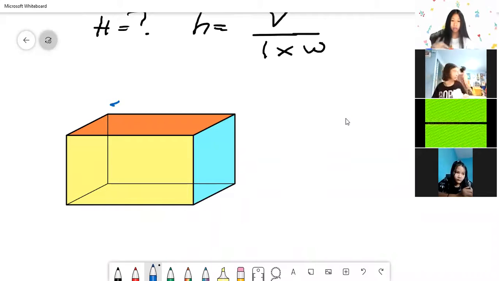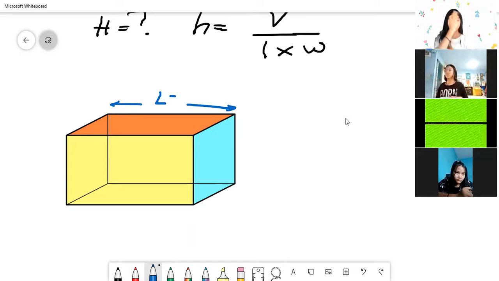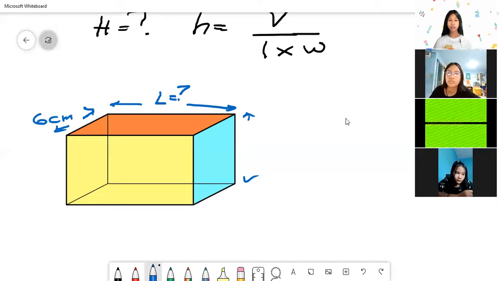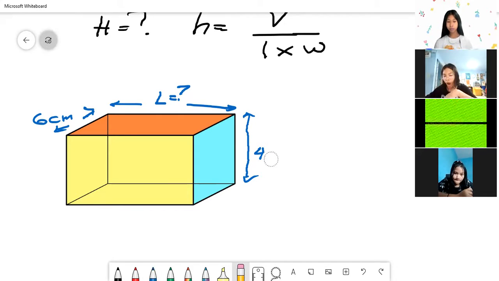Length question mark. Okay, very good. Find the length. The question mark here is length. Now, we have 6 centimeters for the width, and the height is 4 centimeters.